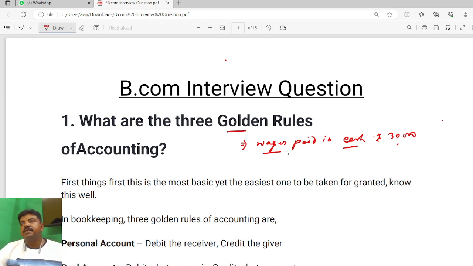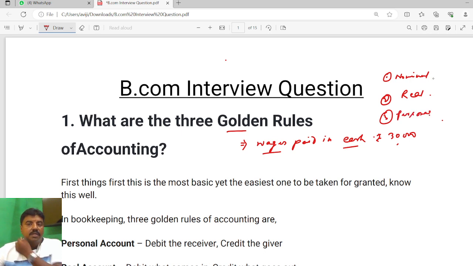So the golden rule says there are three types of accounts: number one, nominal account; number two, real account; and number three, personal account. How to decide whether an account is nominal, real, or personal?